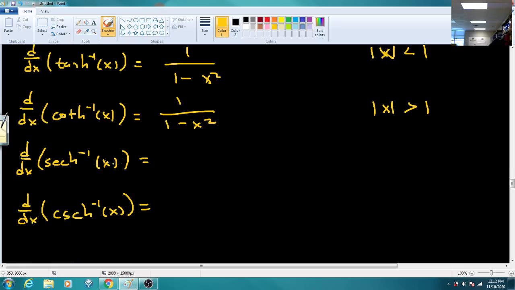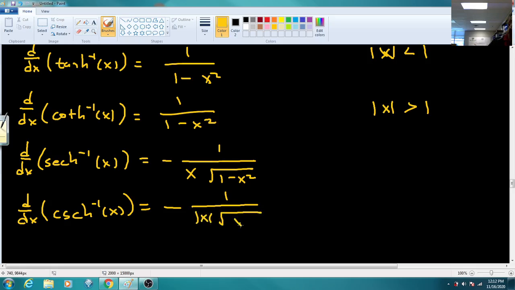And then for secant and cosecant, we get this stuff. Okay, so these have kind of different forms. This one's for x greater than 0 but less than or equal to 1. And for the bottom one, x can't equal 0.